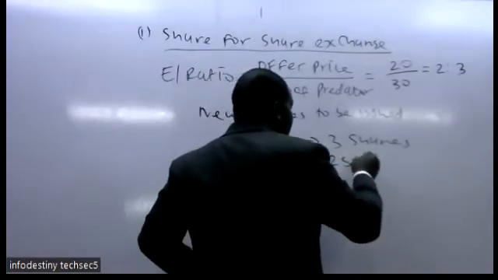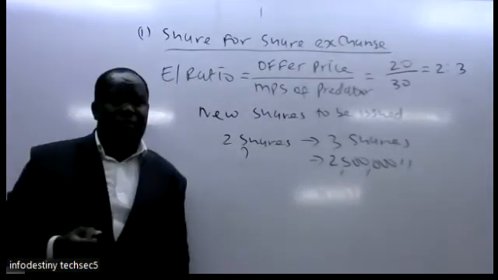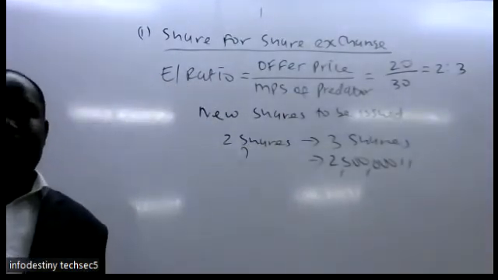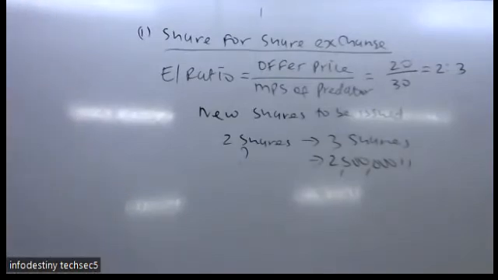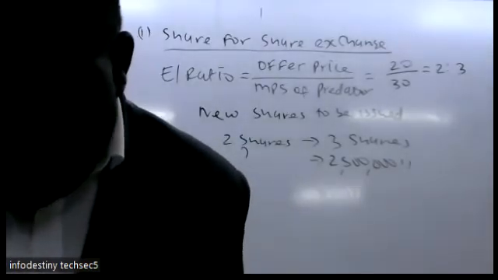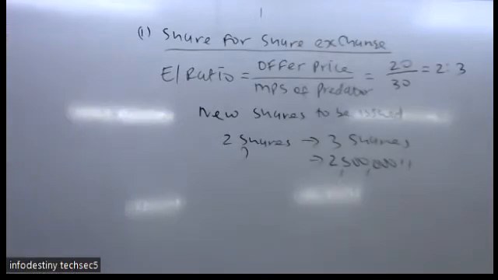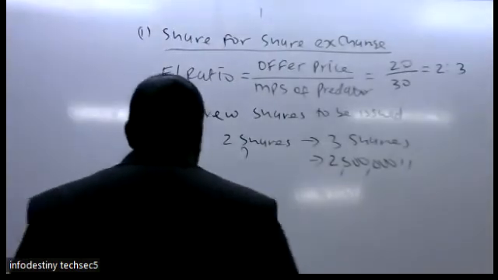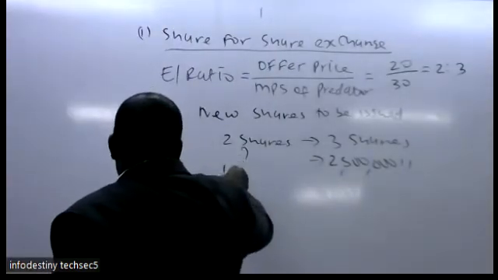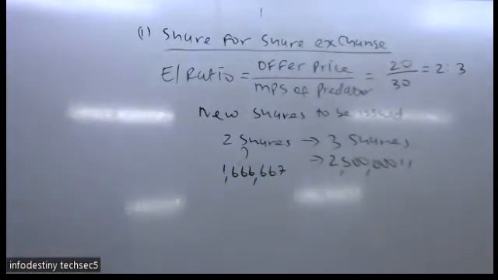So how many shares will be issued when you cross multiply? We need to get the number of shares to be issued, which is 1 million.